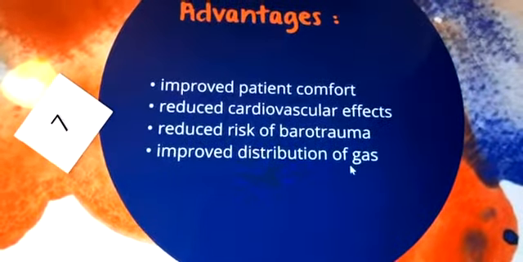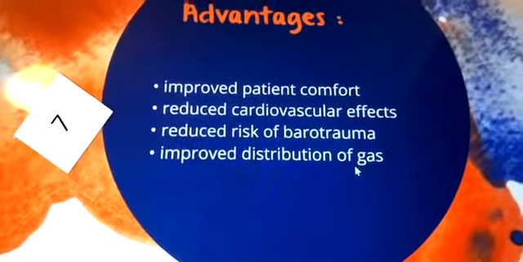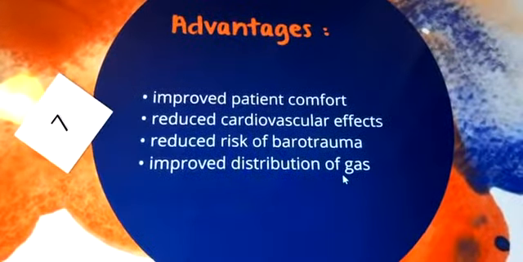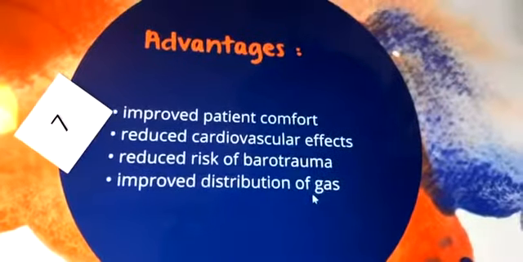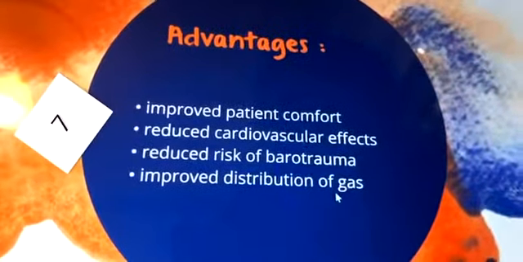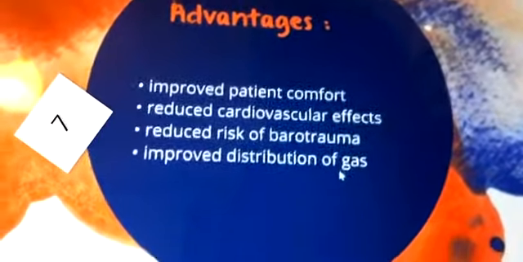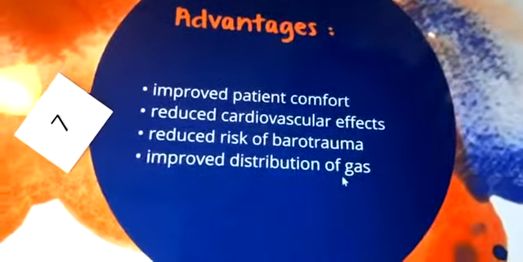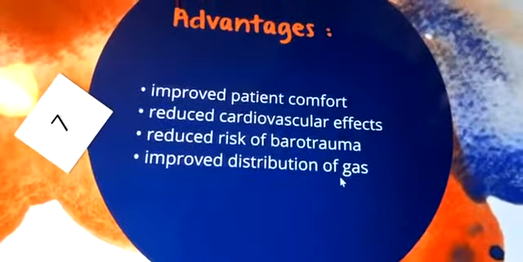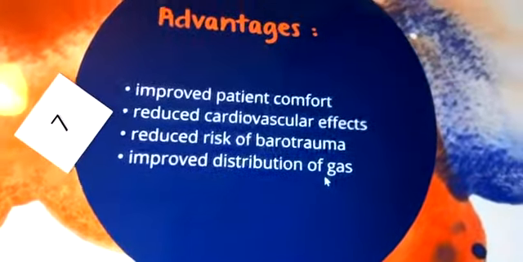As I increase the pressure support, my tidal volume will be more. طبعا كل هذه تعتمد, and these are factors that can interfere with each other: tidal volume, lung mechanics, whether my patient is on sedative agents. I need to see the whole picture يعني. Also, it reduces the cardiovascular effect. It reduces the risk of barotrauma. And the last point, it improves the distribution of gas.